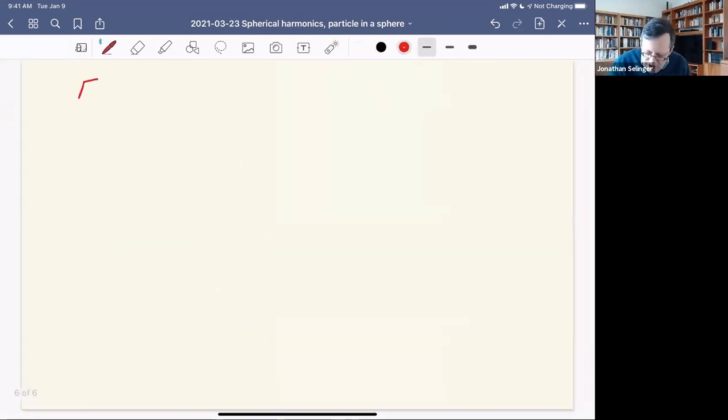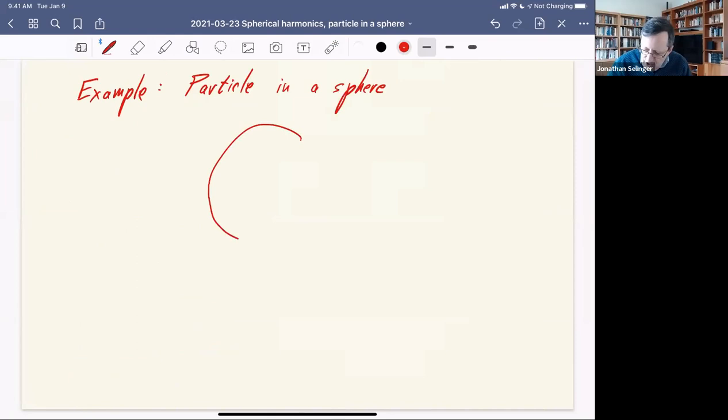All right, so let's do, for an example, a particle in a sphere. So that means that the particle is confined inside some sphere like this, let's say with a radius of little a, and it cannot possibly get out.